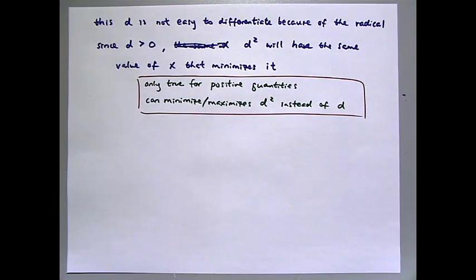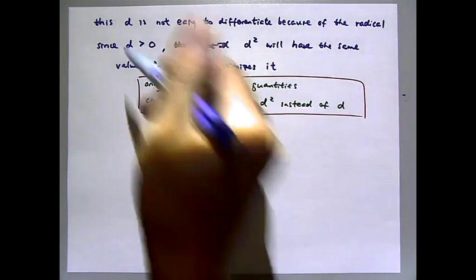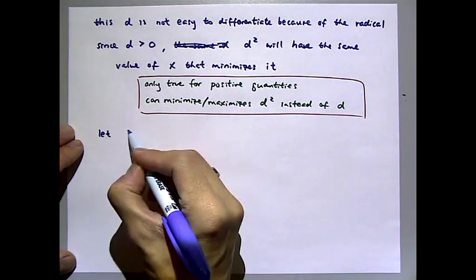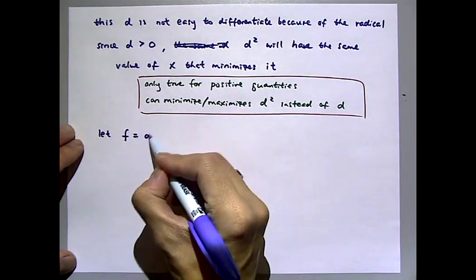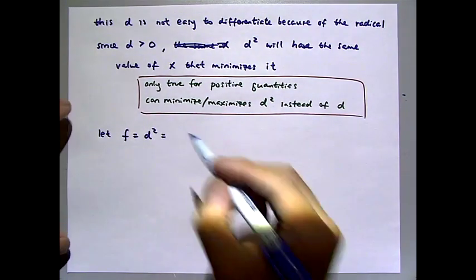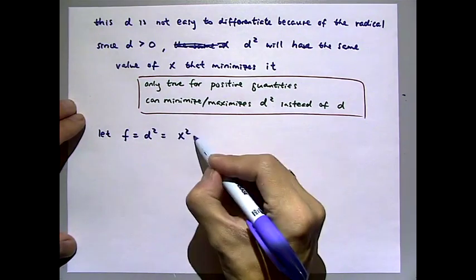The advantage is once you square that thing, that radical goes away. We no longer have to deal with the radical. Okay? The same x for d squared will also minimize d. So let me call d squared f. And now we got rid of our radical.